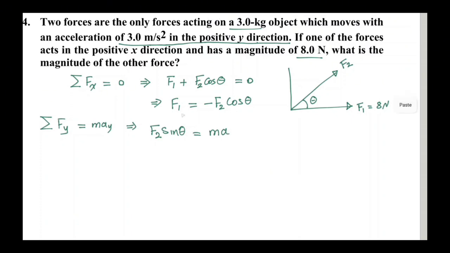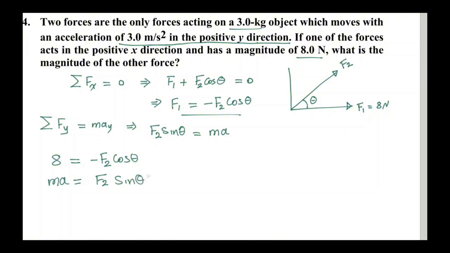By simplifying this one here, 8 equals minus F2 cosine theta, and ma equals F2 sine theta.